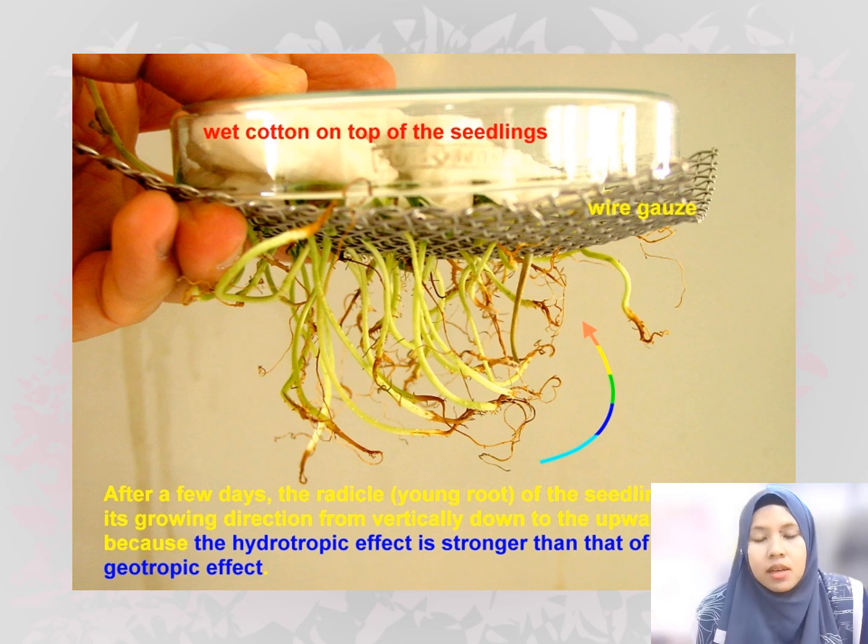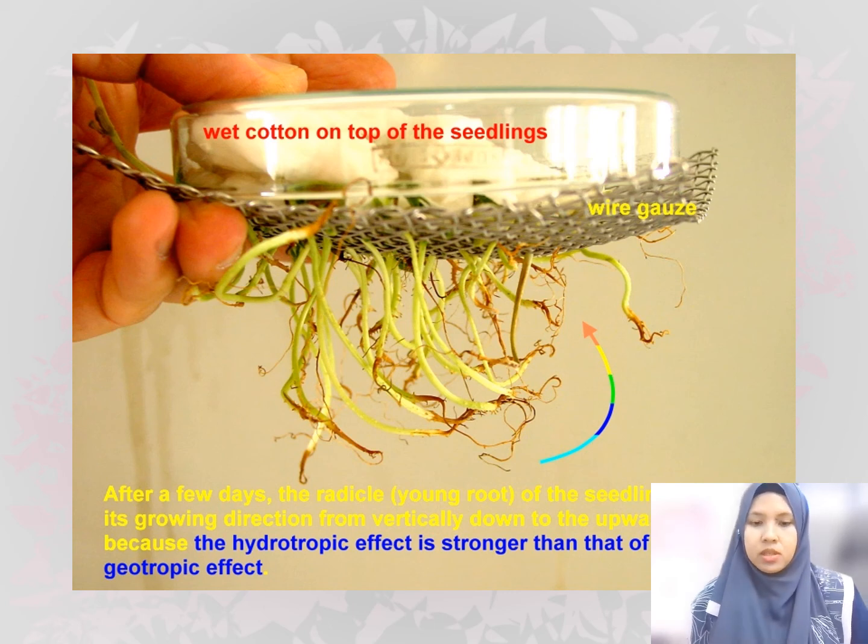At first the roots will go down because they follow geotropism. Remember, geotropism is about gravity. That's why we can see that almost all the roots are going down towards the gravity.